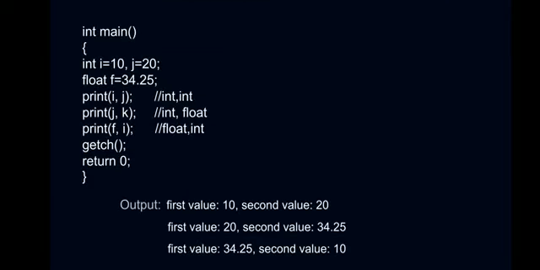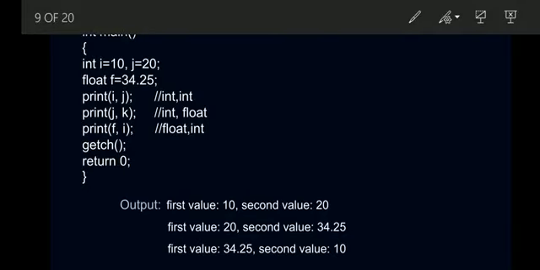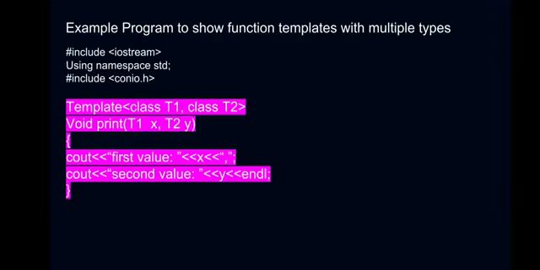When I call with f comma i, where f is a floating point value and i is an integer value, T1 is replaced with float, T2 is replaced with integer. So whatever data types I am passing when calling the function will be replaced into the generic identifiers. So this is how to create function templates with multiple types.